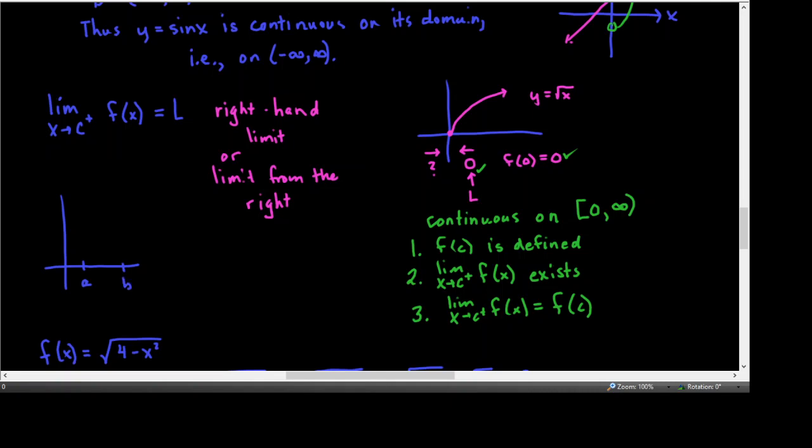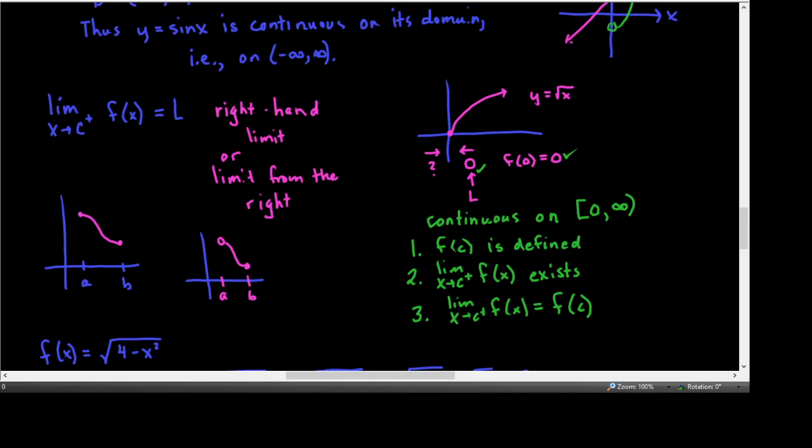Visually speaking, it's really easy to tell if it's continuous at the endpoint. If the function goes right up to the value at that place, and you have a closed circle at A, that means it's continuous at that point. And B, same thing. If, however, you had something like this, this one is only continuous at B, not at A. I didn't label A and B, but that's the same kind of points.